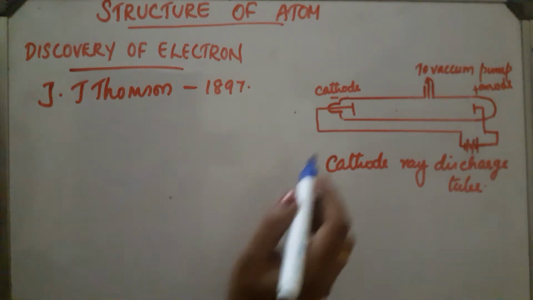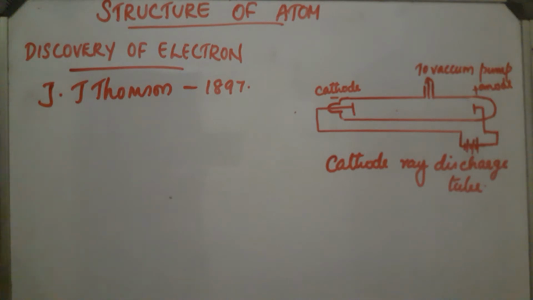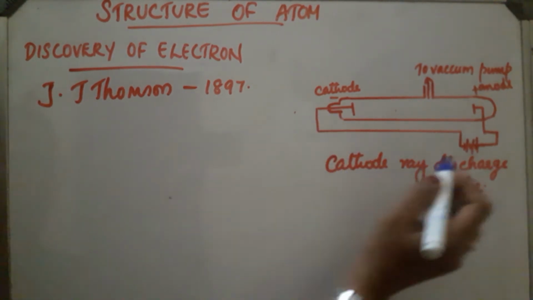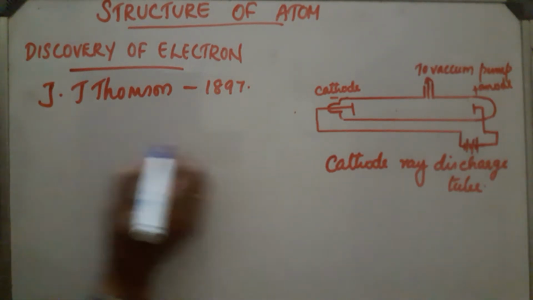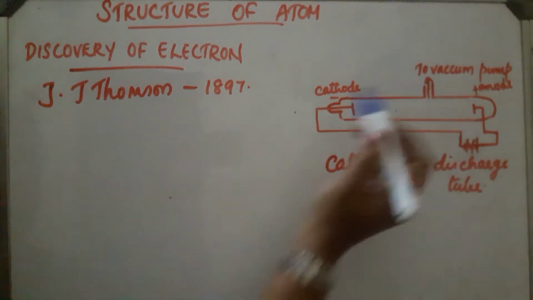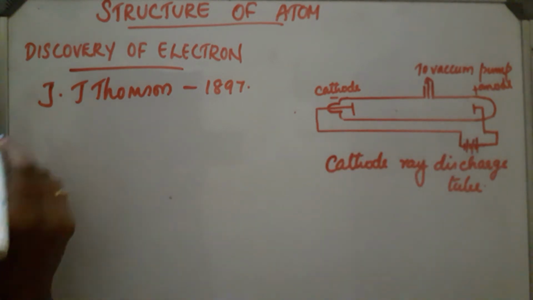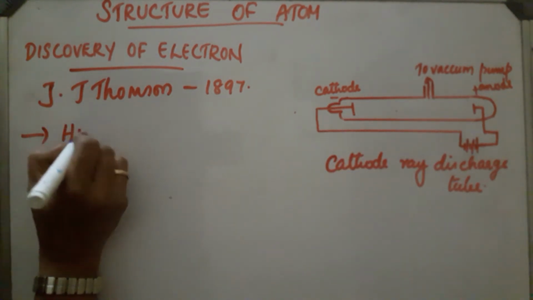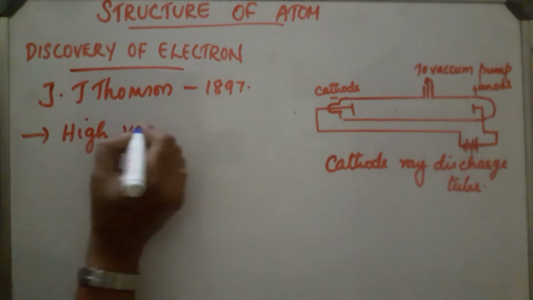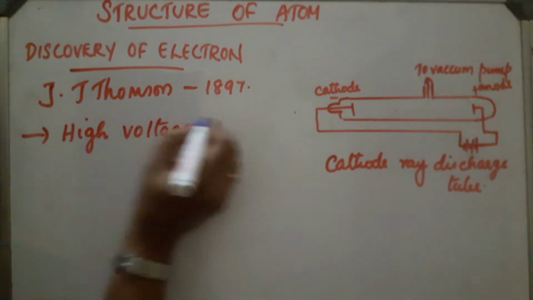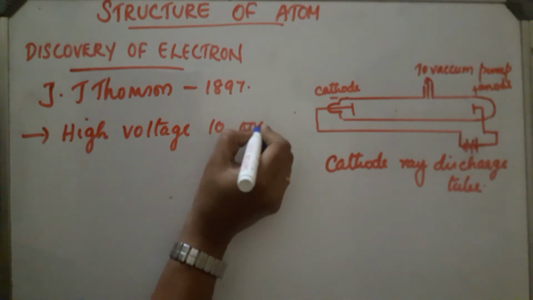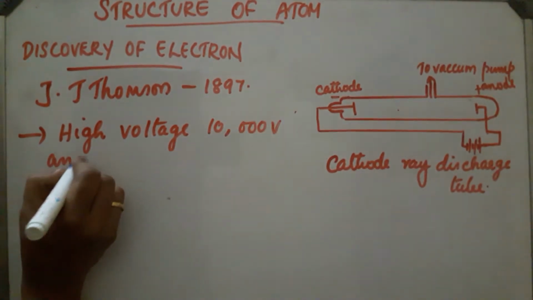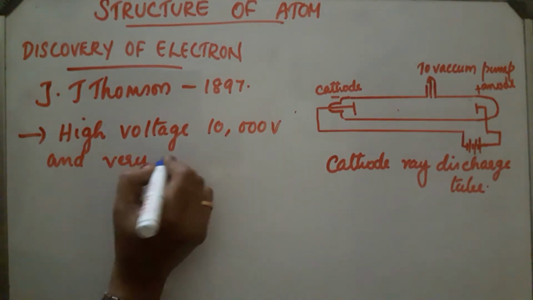Now a gas is filled inside the tube, a high voltage is applied, and the pressure is reduced to very low. So the condition of the experiment is very high voltage, this is important, a very high voltage of 10,000 volt and very low pressure.